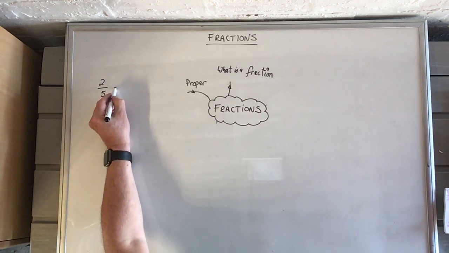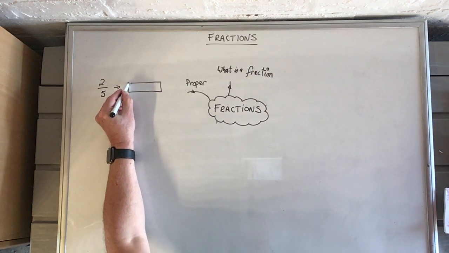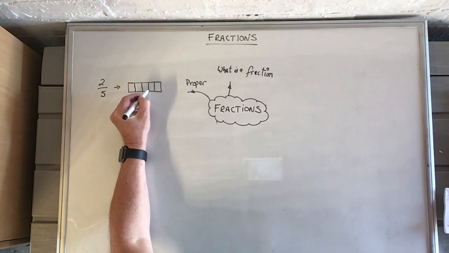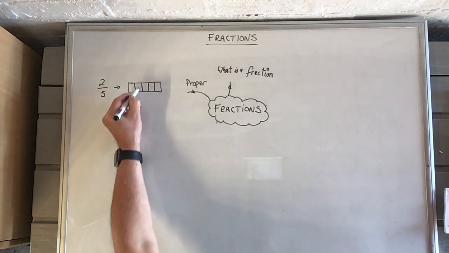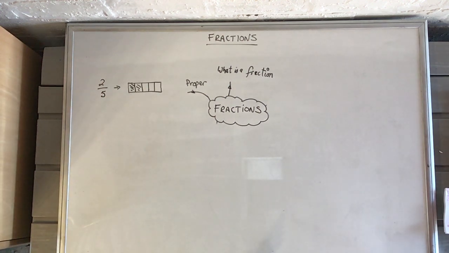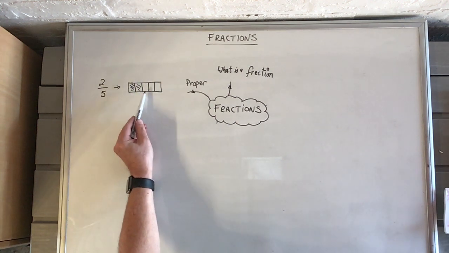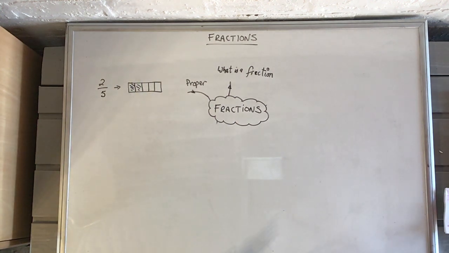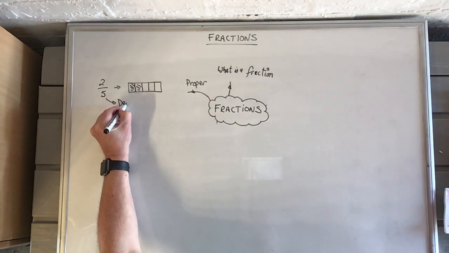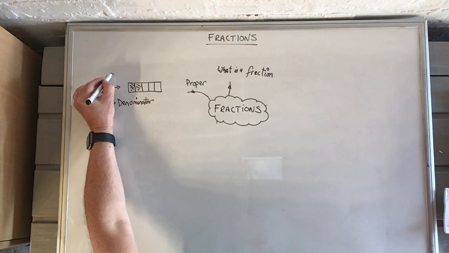Using the bar modelling, if we have one whole bar and we split it into 5 equal bits, now they have to be equal bits, and I shade in 2 parts, then that's what 2/5 represents. 2/5 of the whole thing. Okay, so the 5 is called the denominator, and the top part is called the numerator.